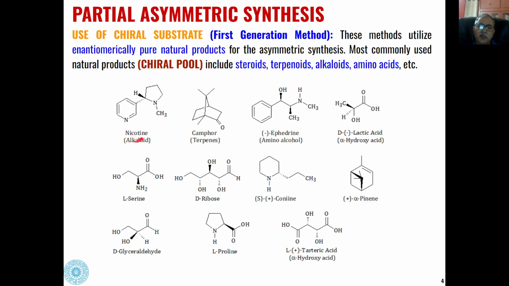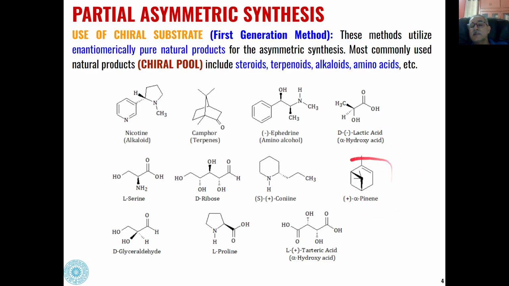For example, nicotine is an example of an alkaloid, which is an optically active substrate. So this can be used as a chiral substrate for the production of other chiral molecules. Then camphor in case of terpenes, and ephedrine, an amino alcohol, can be used as a chiral substrate. Then lactic acid, which is an alpha hydroxy acid, is also an optically active substrate which can be used as a chiral pool.